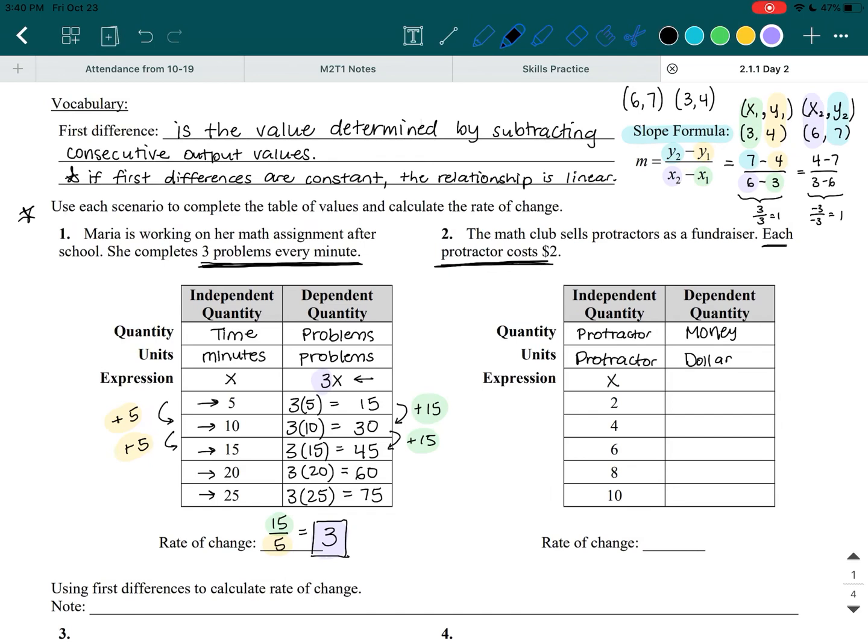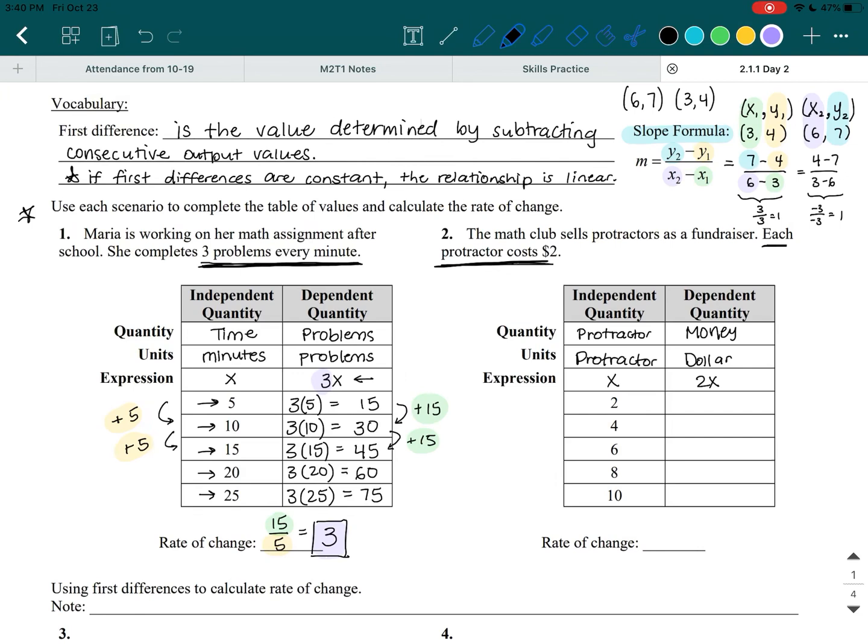And for your dependent quantity, write the expression 2x. So it's 2 multiplied to x, and that's because the amount of money the math club will raise is $2 multiplied to the number of protractors. So 2 multiplied to x, where x represents our protractors.